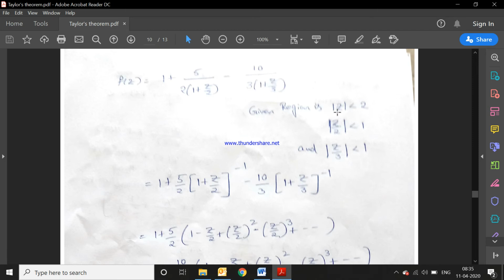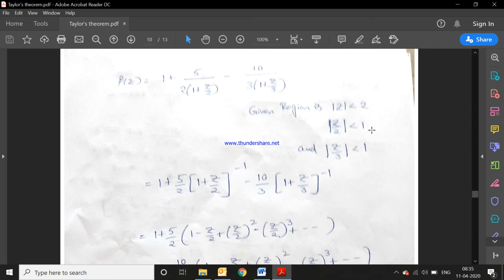The given region is mod z less than 2. Whatever the value is there, that is always the region of convergence. If you need to apply 1 plus z whole power minus 1, or 1 minus z whole power minus 1 expansions, whatever is in the place of z must be less than 1.